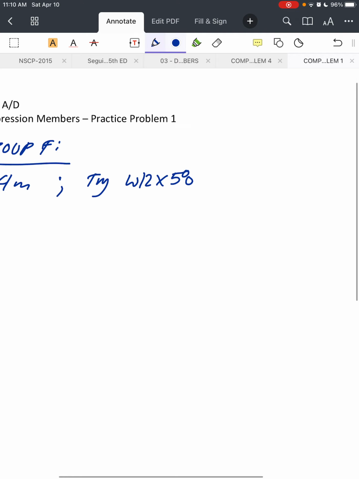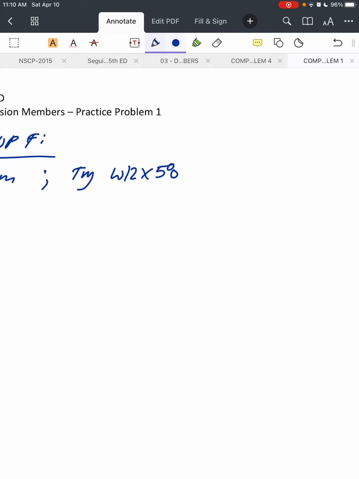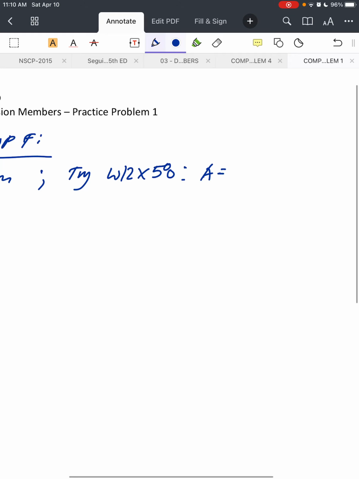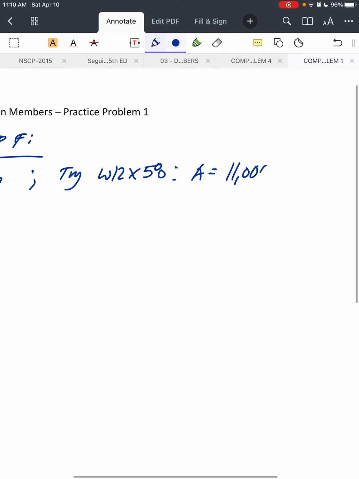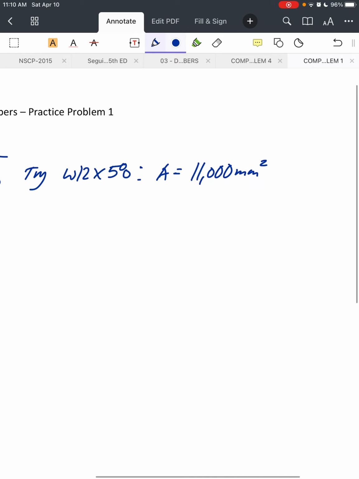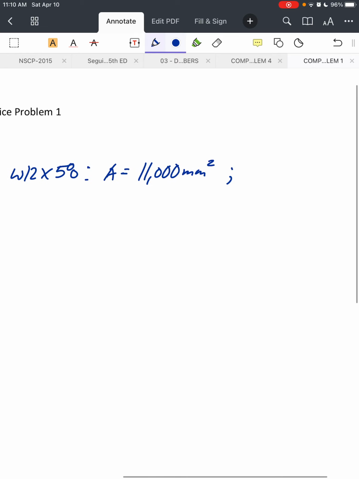So for your W12x58, your A is equal to 11,000 square millimeter, and your ry is 63.8 millimeter.